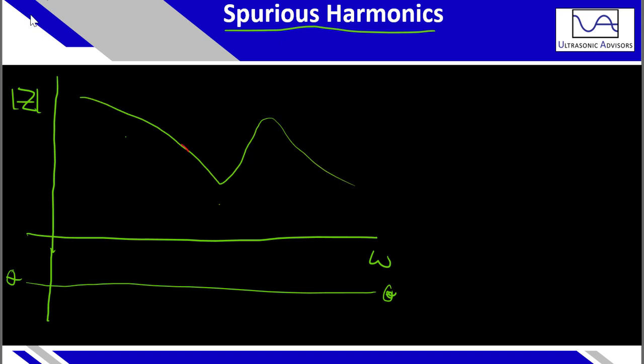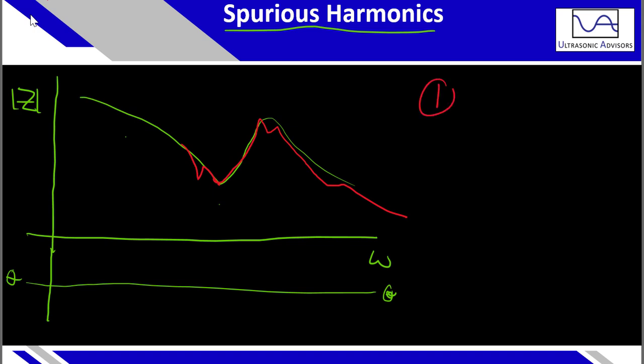What spurious harmonics would look like is if you had multiple peaks here, and then you'd come at your anti-resonance, and you'd have sort of jagged behavior. These are spurious harmonics.